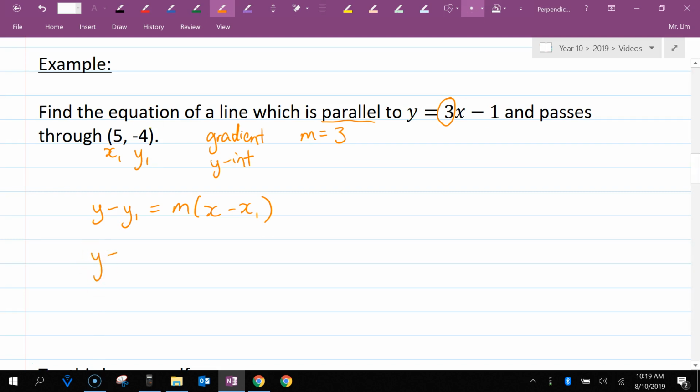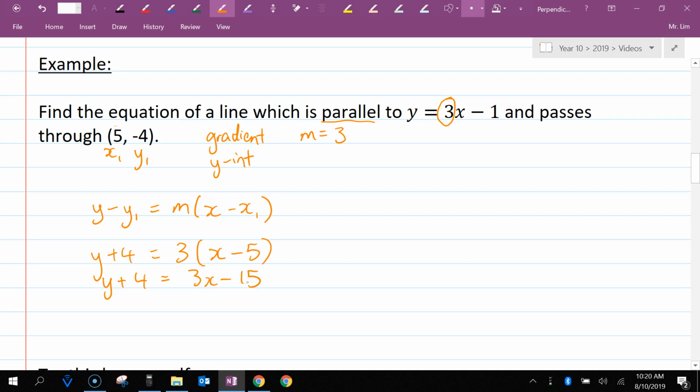So y minus y1, well, we're minusing minus 4, which becomes plus 4, is equal to m, which is 3, bracket x minus 5. Expanding the brackets gives y plus 4 is equal to 3x minus 15.